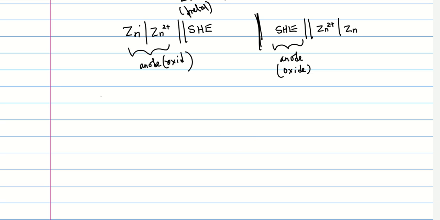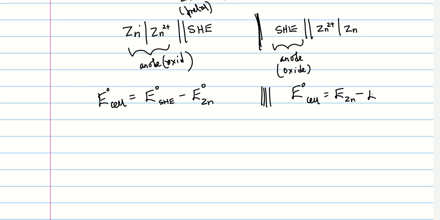Now in this case, the E naught of cell is given by E naught of SHE minus E naught of zinc electrode. Whereas in this case, E naught of cell is given by E naught of zinc electrode minus E naught of SHE.